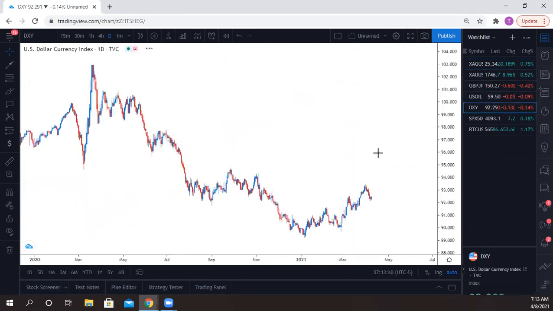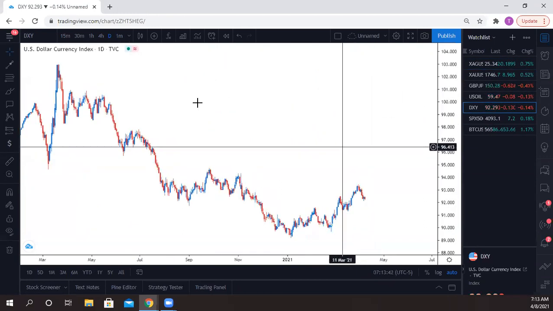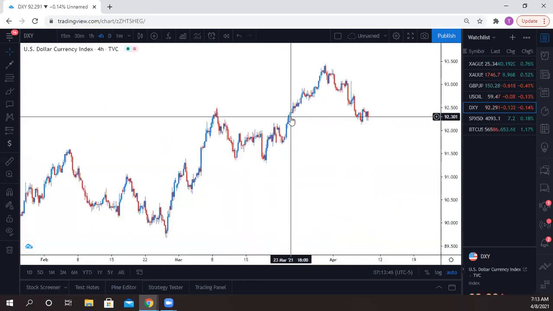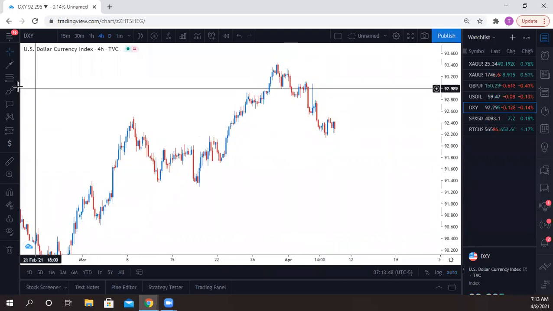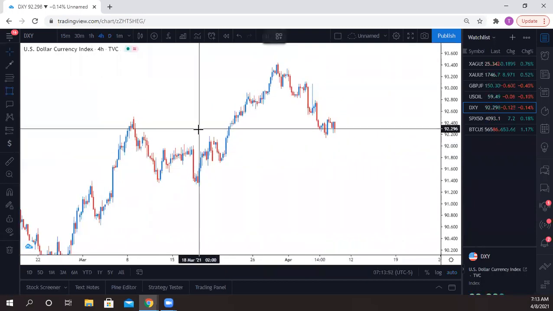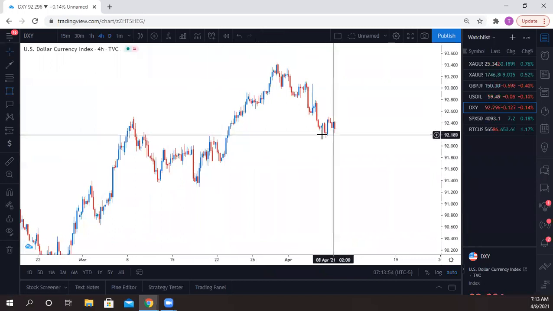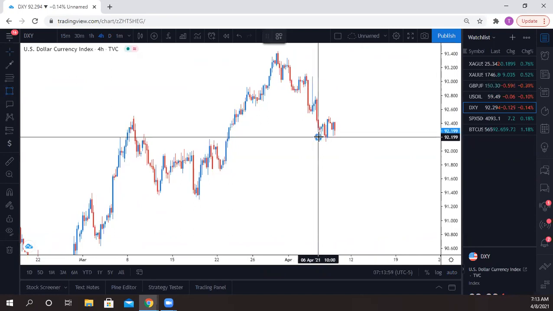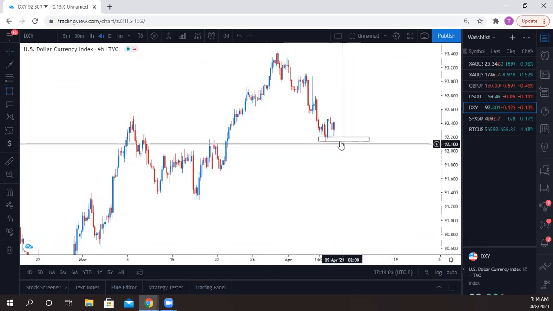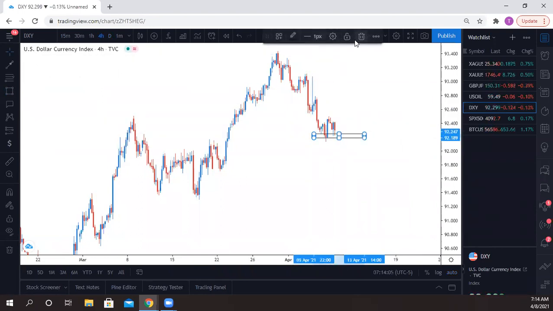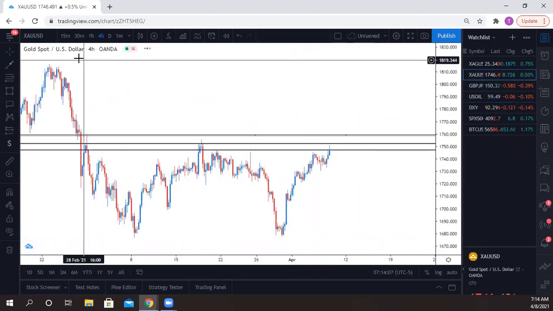So I like to track what the dollar is doing short term, higher time frame, because it gives me an idea of when and where gold and silver are going to go and when they're going to break. The dollar's just holding a support here right now. If this gets broken today, then I think the metals are going to see a nice run to the upside. But we'll see. We'll keep an eye on the dollar today just to see what the price action's like.